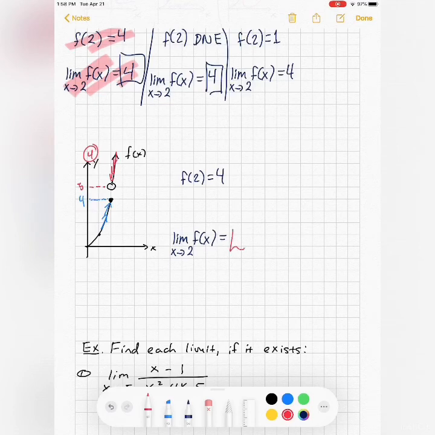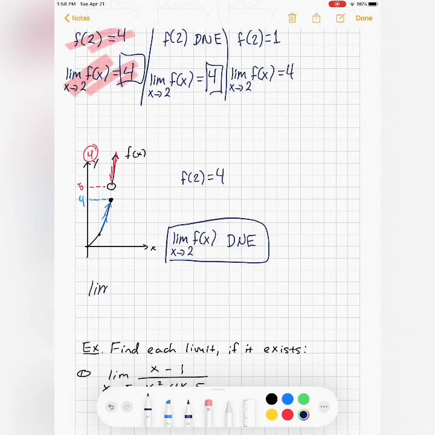So in order for this overall limit to exist, it has to be equal to some number L. But because I have 2 different values coming in from one side versus the other, I would say this limit does not exist because I have 2 different values.